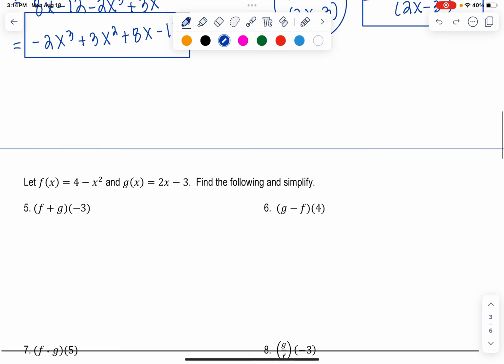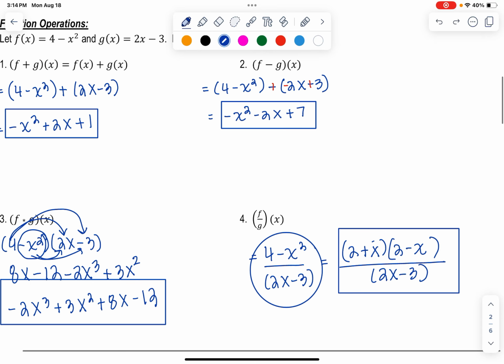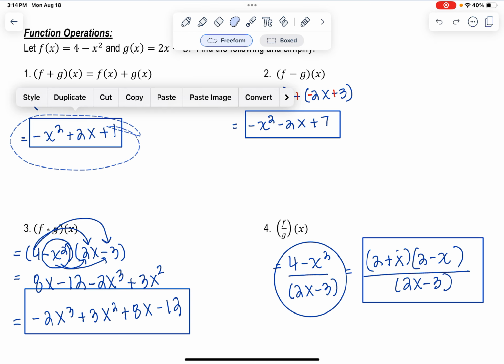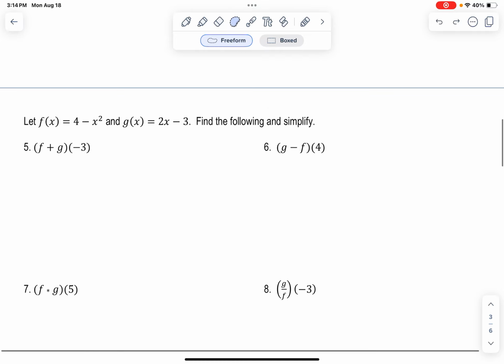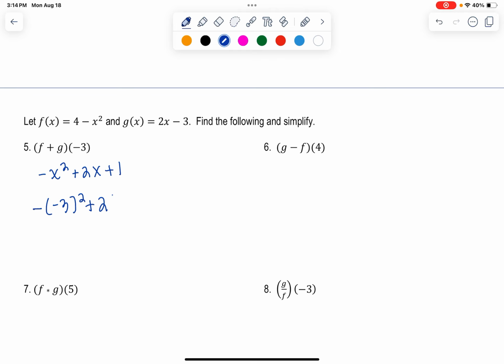So I'm going to start with find f plus g. So I'm going to do f of x plus g of x, which we already did. That is right here. Okay, so I'm just going to copy this and paste it over here. Okay, so that's f plus g. And then now I can plug in negative 3. So I have negative 3 squared plus 2 times negative 3 plus 1.